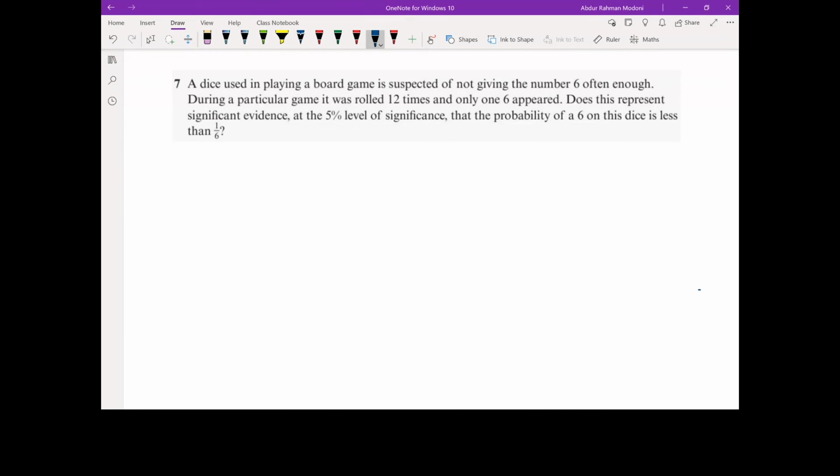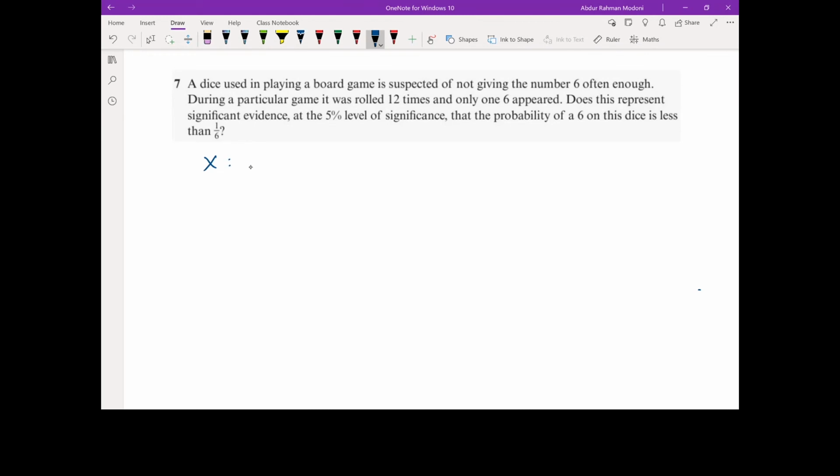Well, the first thing we need to say is that this can be represented using a binomial distribution. Why? A binomial distribution, remember, involves interest in only 2 outcomes. So we're interested in either getting a 6 or not getting a 6. So we first need to define what x is.